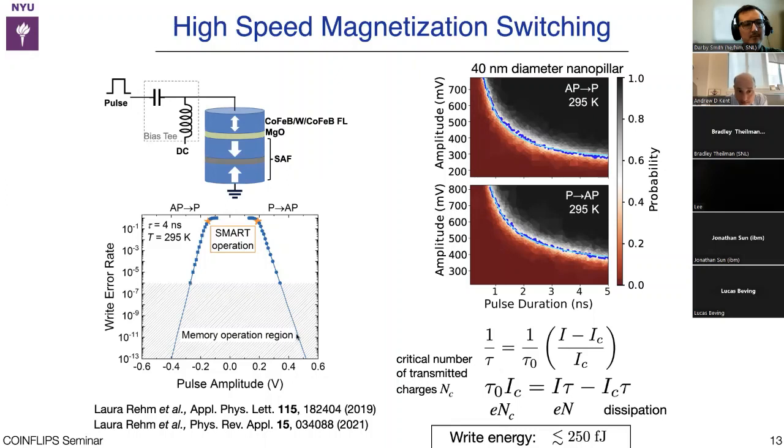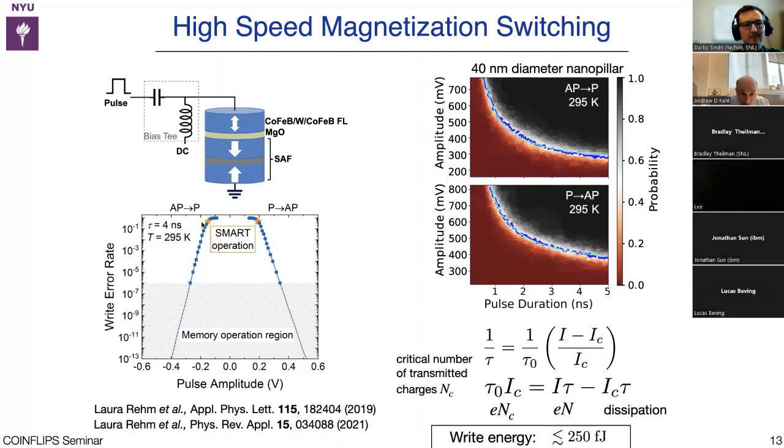If you want it as a memory, it turns out stochastic processes are always important. If you want it to be reliable, you have to apply a voltage or current much larger than the threshold, so you get down to very, very low error rates. So this is where you'd operate your memory, and you'd have to decide how much error correction you want, to decide how you're going to build that memory.